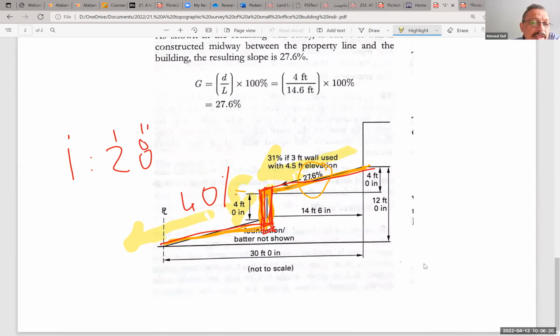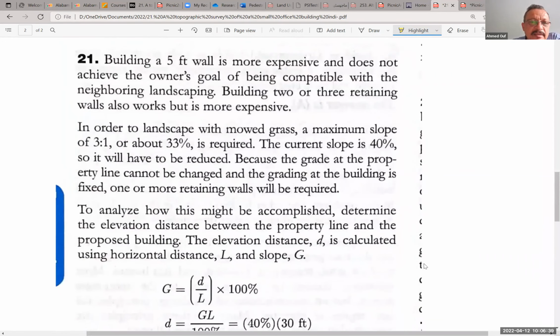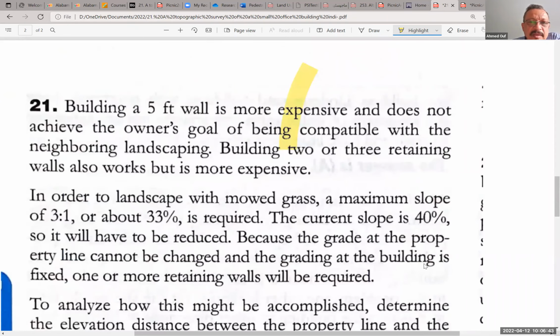Would the water fall down, or will it seep on the surface of this wall? What's going to happen in this area? It's not really an easy thing to deal with, but sometimes this is one of the situations we have to do.